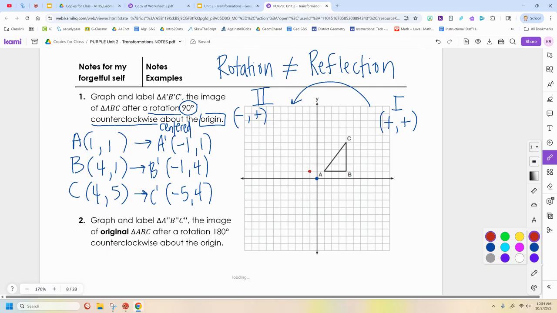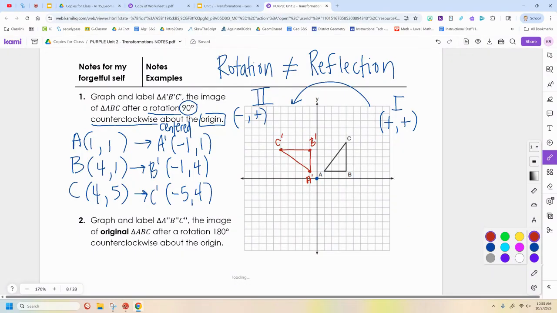Back 1, up 4, B prime. Back 5, up 4, C prime. Do I see a triangle that's pointing to the left? Yeah. Do you see kind of the pinwheel idea? Okay.